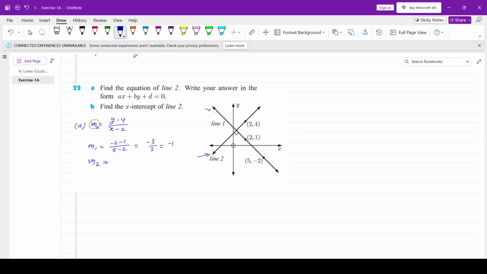So m2 will be equal to minus 1 divided by m1, because they are perpendicular, they are at a right angle. That's why minus 1 divided by m1, m1 is minus 1, so m2 will be 1. Now putting this value of m1, m2 here, we can find this equation. Do it, we have done it many times.